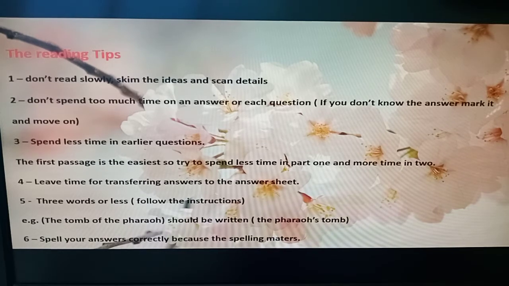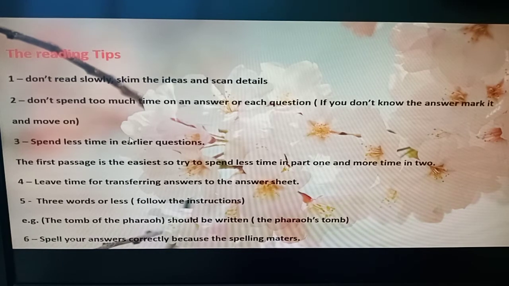The second one, don't spend too much time on an answer or each question. When you come to answer a question, try to do it quickly. If you don't know the answer, mark it and move on.